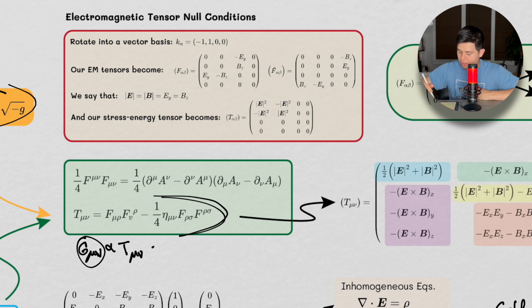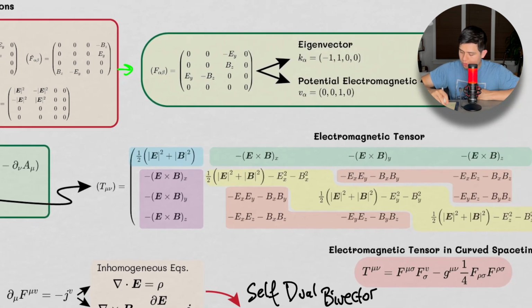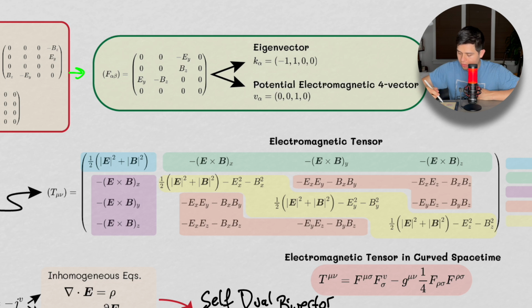And this sort of flows into the idea here where we now have an electromagnetic field tensor matrix in which, if we were to travel in, say, this direction, our potential electromagnetic 4-vector becomes this.